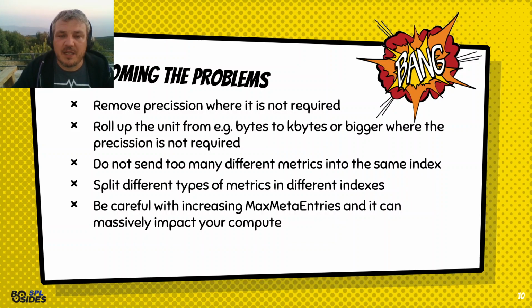Because the Splunk daemon basically needs to keep that in memory and needs to insert all these pointers into that file. And it's a huge difference if it needs to do that, worst case, just before the file is rolling, at 1 million entries or at 10 million entries, right? So be really careful with that.